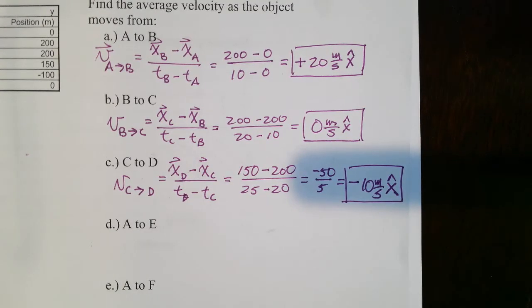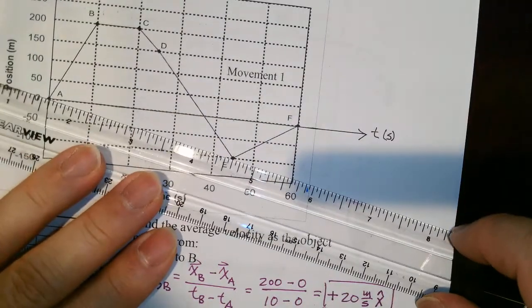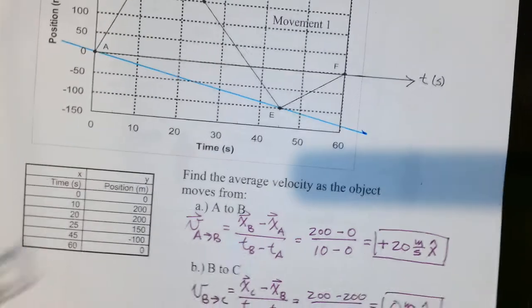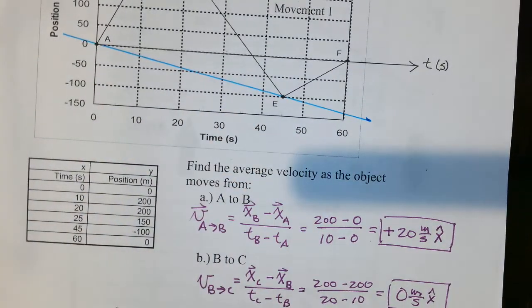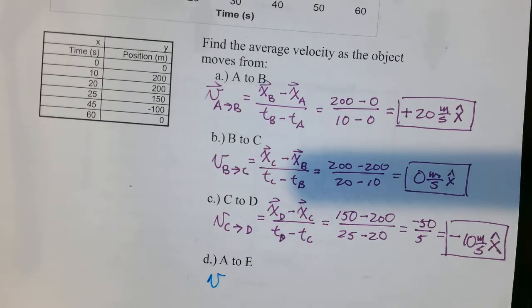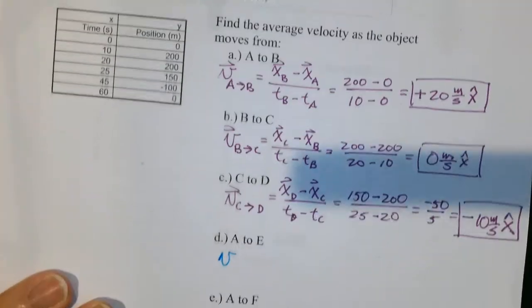And then from A to E, all you have to do is just draw a line from A to E and then find the average velocity. To do that, just find the slope of this blue line right here. So the average velocity, I should put the vector notations down.